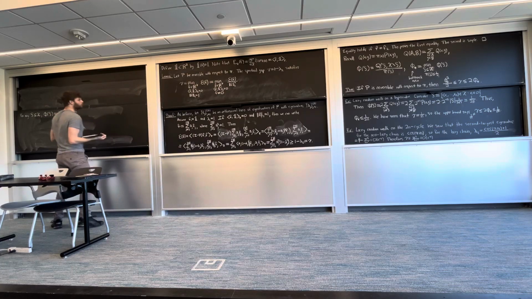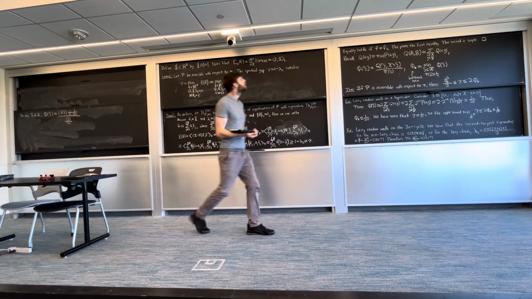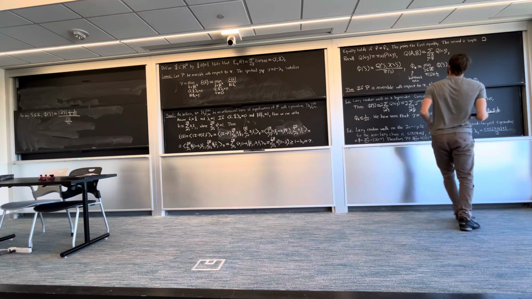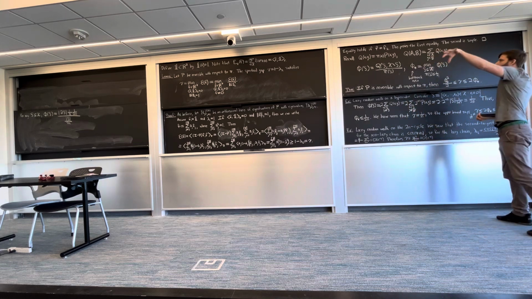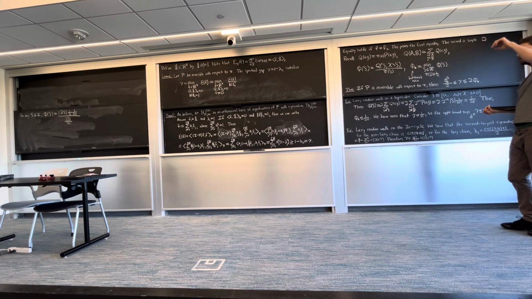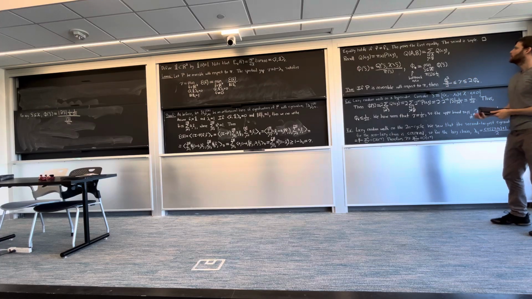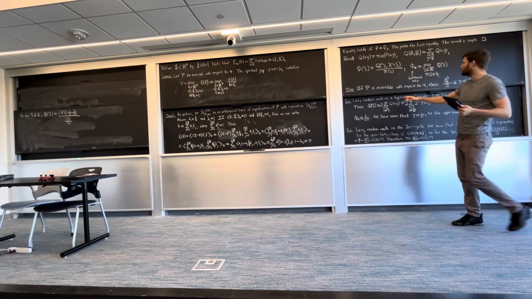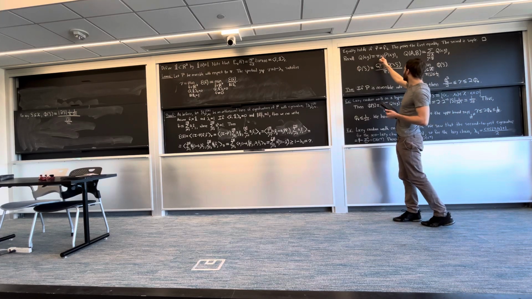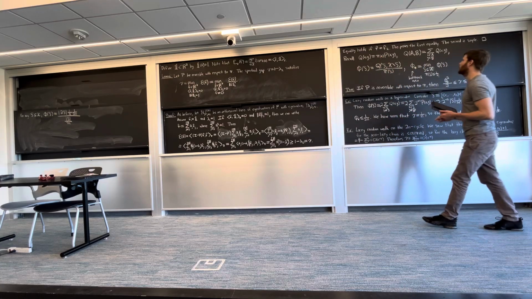The 1/4 is coming from this: what is Q of xy if x is in the set and y is adjacent to it but not in the set? Then Q of xy is going to be pi of x, p of xy.